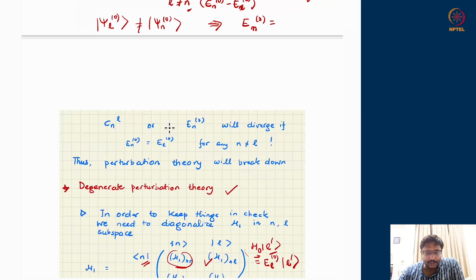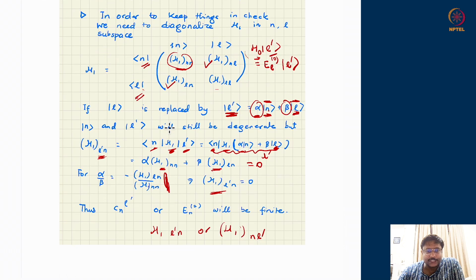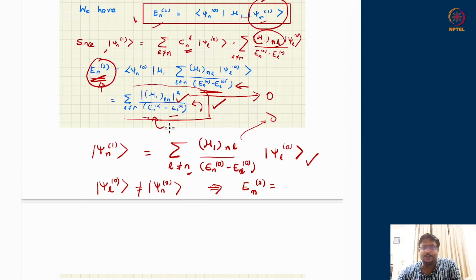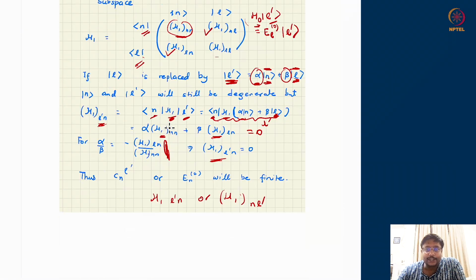So the idea is, whenever you have degenerate states, you should check the Hamiltonian of perturbation first and see if the off diagonal terms are 0 or not. If they are 0 to begin with, you don't have to worry, because despite the energy eigenvalues being the same, the 0 in the numerator saves you. If they happen to be non-zero, then you should try to find a new basis in the degenerate subspace.